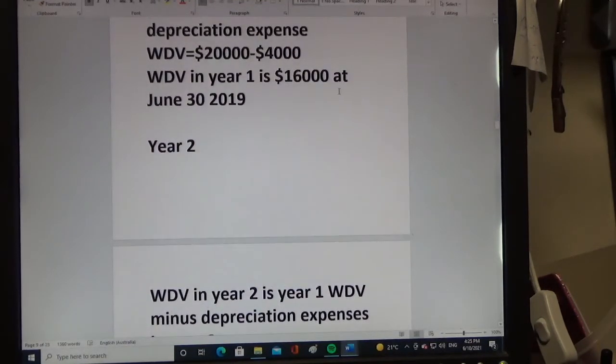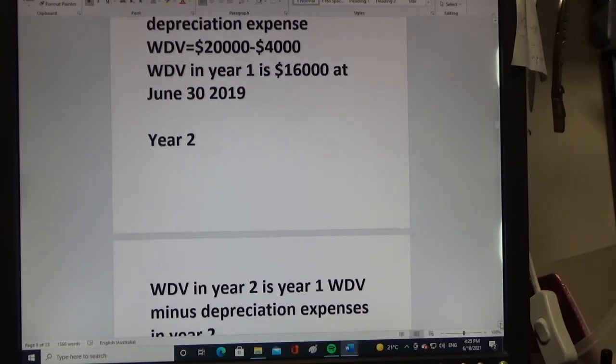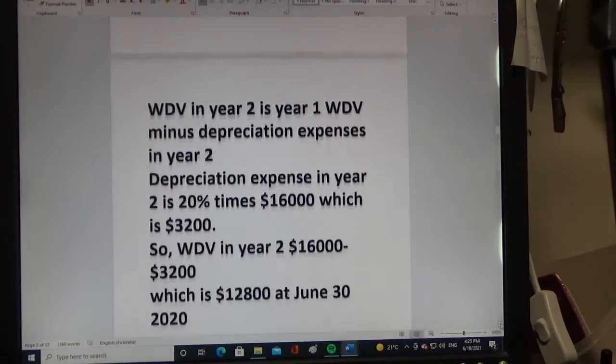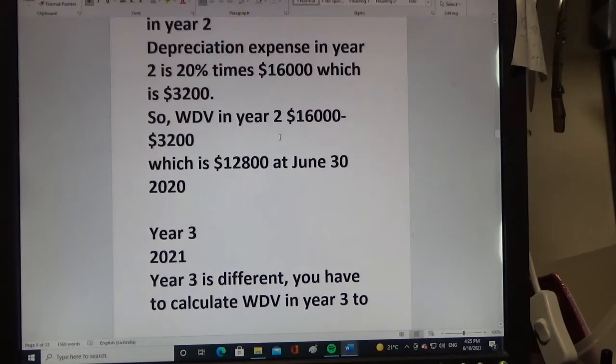There it is. Yep. So insert that in year 2 to get new written down value. It gives you 16,000 minus 3,200, which is a written down value of 12,800 as at June 30th, 2020, in the second year.